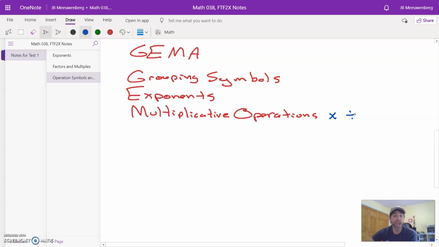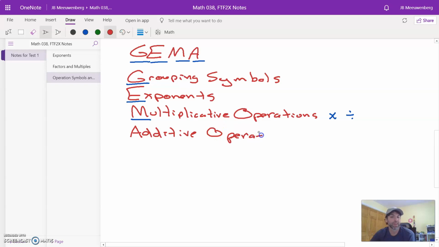And then the A in GEMA, G-E-M-A, is additive operations. Now, I bet you can guess what those are. Those would be addition and subtraction. It's just like the multiplicative ones, right? Addition and subtraction sort of undo each other.